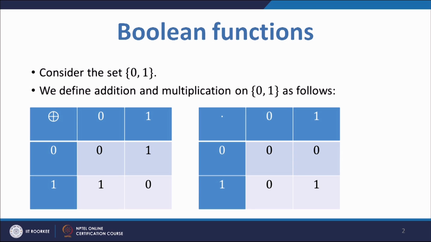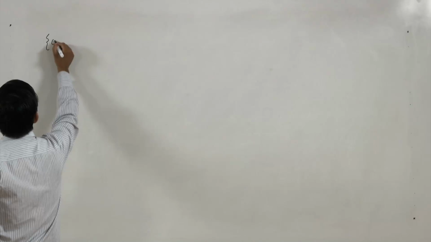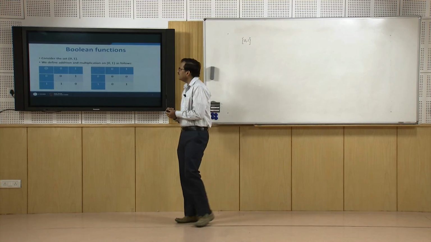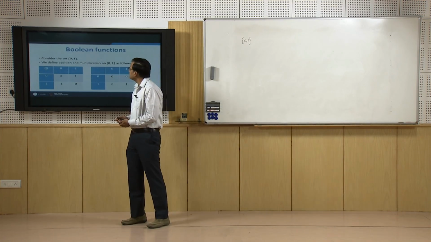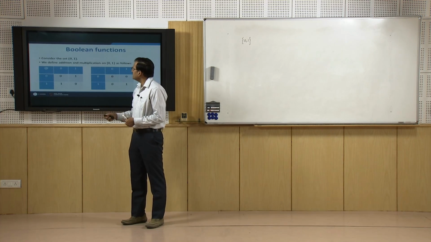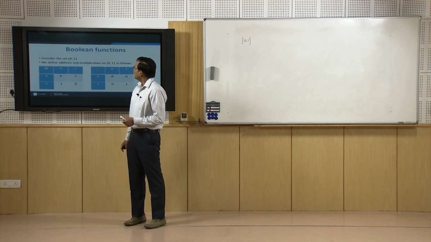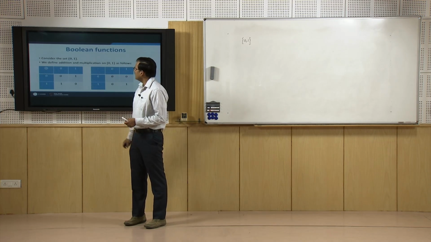So, here we start from something very simple. We have a set containing just 0 and 1, and on this set we define operations. The first operation is like addition, it is called XOR or addition modulo 2, and the rules are given here.